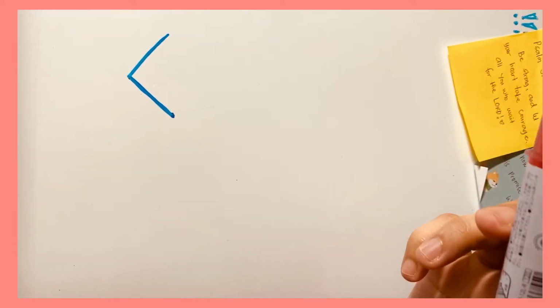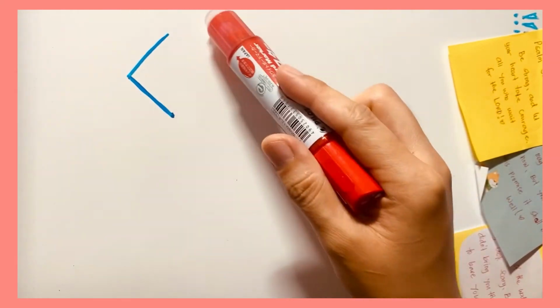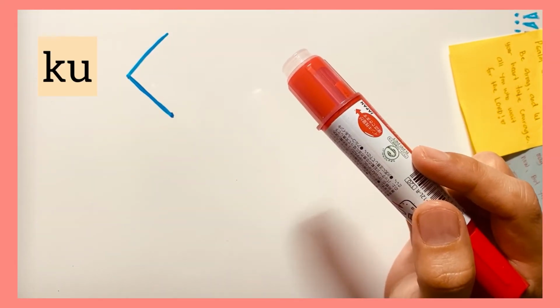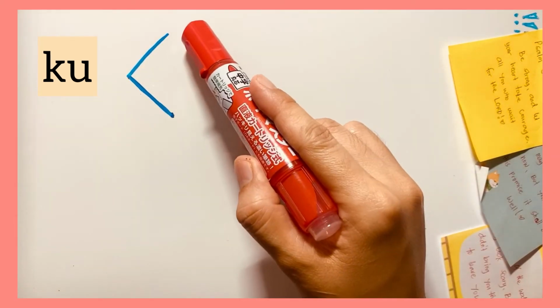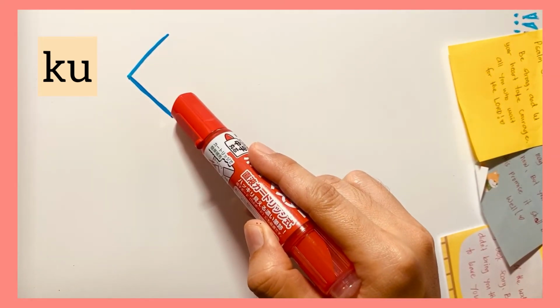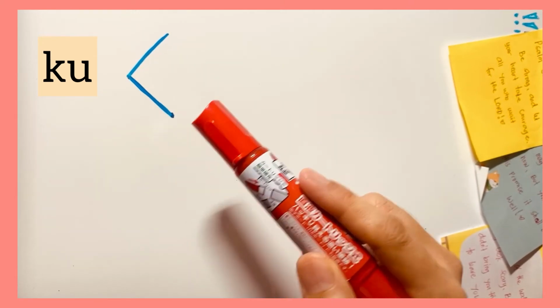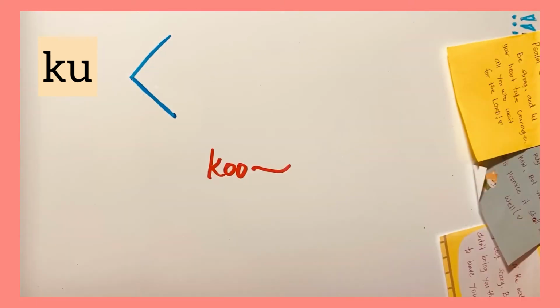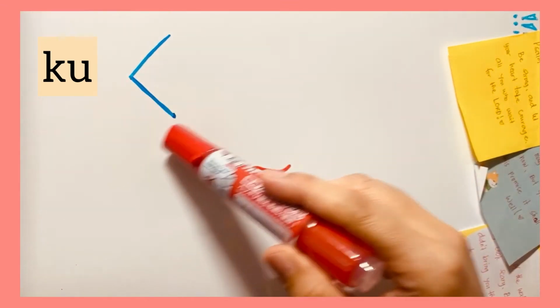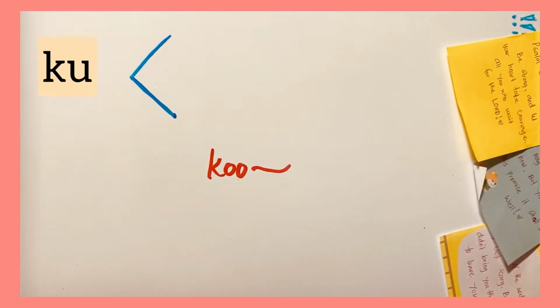Okay, so our next character is ku. Ku. Okay, so I want you to imagine that this is a big mouth of a bird saying ku, ku. So just imagine that this is a mouth of a bird.